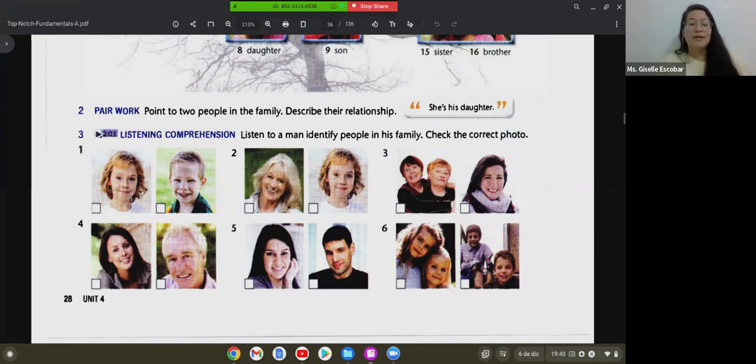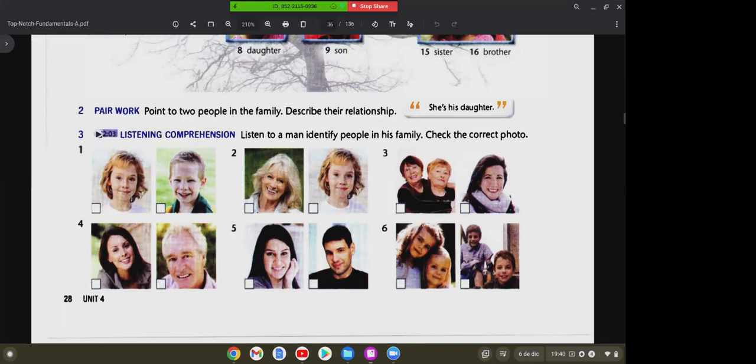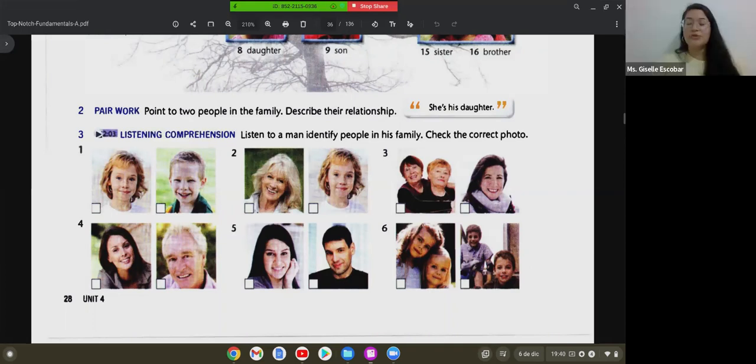Cristóbal, number 4. Is it picture number 1 or picture number 2? It's picture number 2, teacher. Picture number 2, perfect. Brian, number 5. Is it the first picture or the second picture?